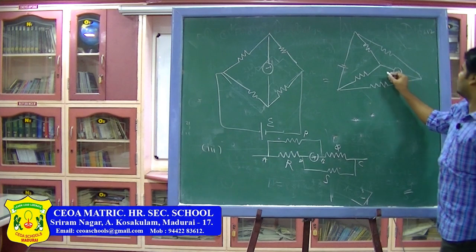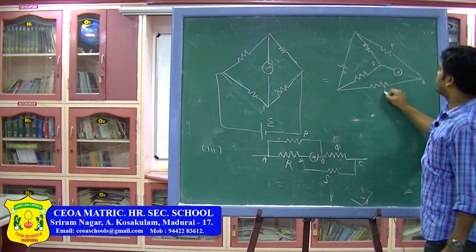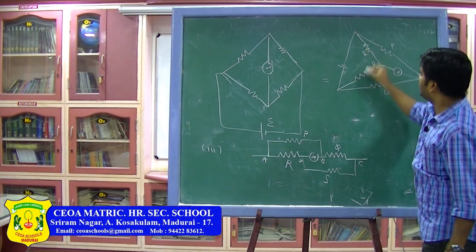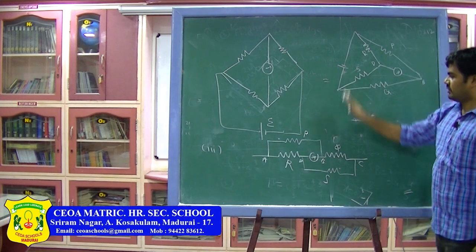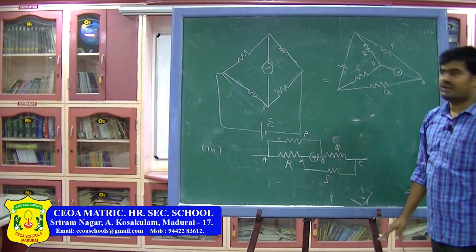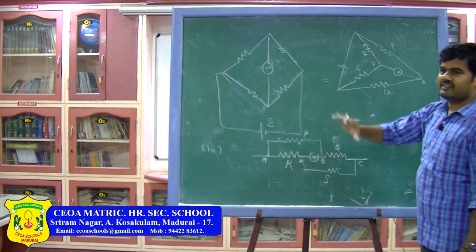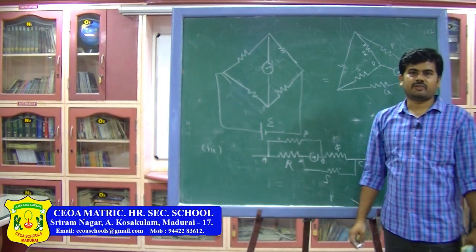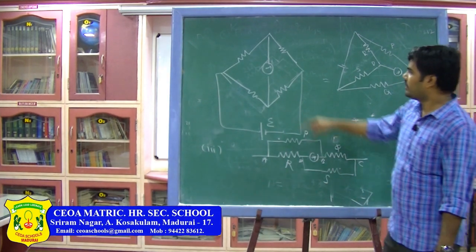Here this is point B and D, and this can be the P resistor, and this is the Q resistor, and this is R, and this is the S resistor. So, all these are the same networks, which are Wheatstone bridge networks. If you find any one of these circuits while solving resistor combinations, you can use the balancing condition of Wheatstone bridge, and then you can neglect this resistor.